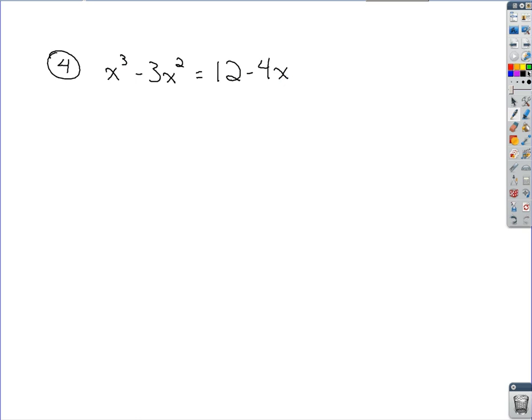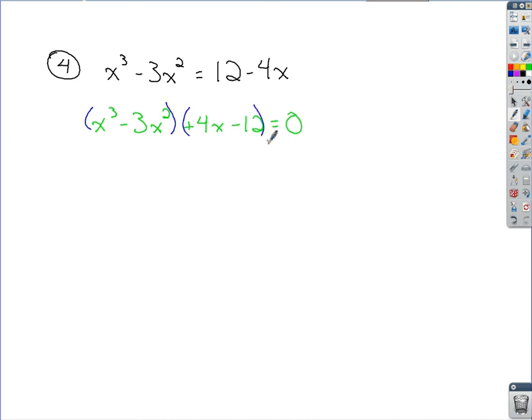If you set everything equal to 0, you've got x cubed minus 3x squared, adding the 4x, subtracting the 12. Now that everything equals 0, what would you like to try? Okay, factor by grouping because you got 4 terms. We could try that.